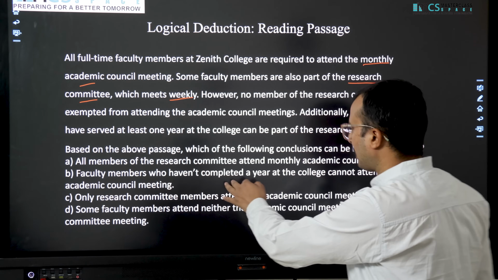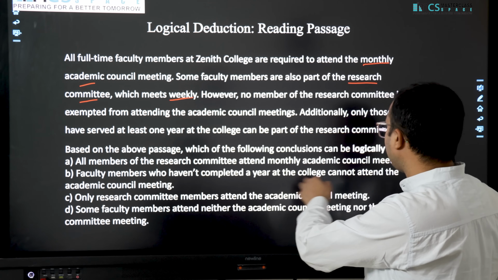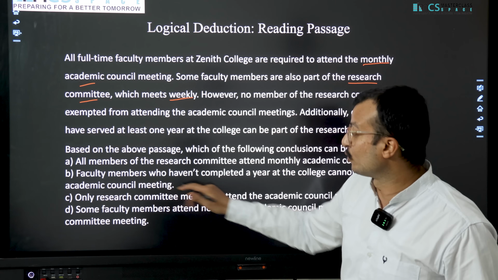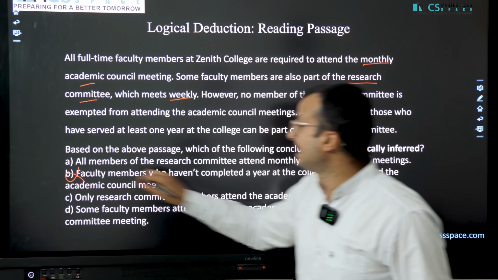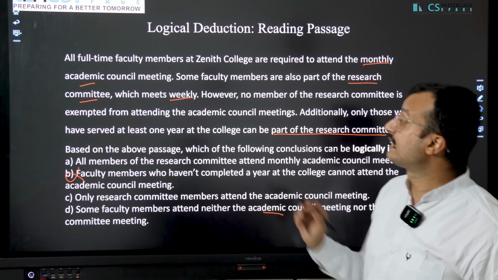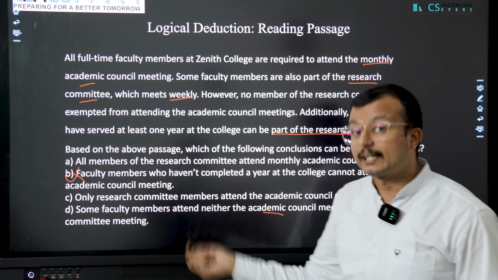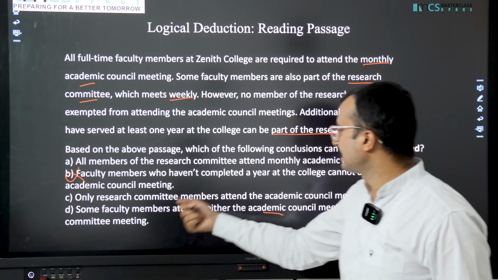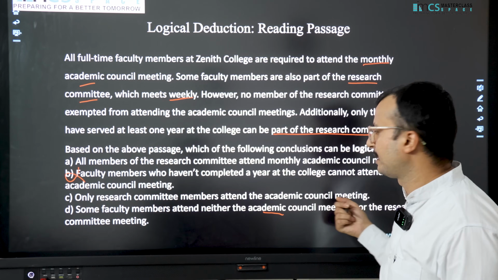Faculty members who haven't completed a year at college cannot attend the academic counseling meeting. No, this is wrong. What they cannot do is become part of the research committee, but they can attend this academic meeting. Only research committee members attend the academic council meeting?